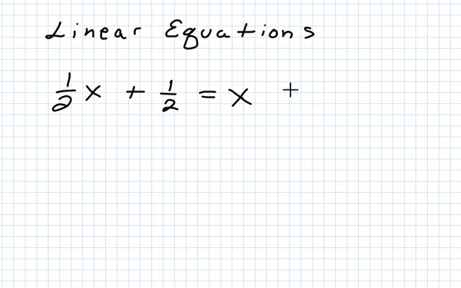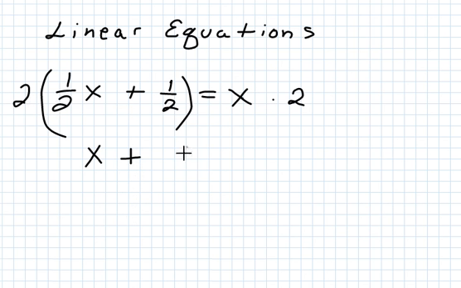So what I'm going to do is multiply it by 2 all the way across. So multiplying this side by 2 and this side over here also by 2. So 2 times a half is 1. So we're left with x plus, and 2 times a half is 1. And then we just have 2x.